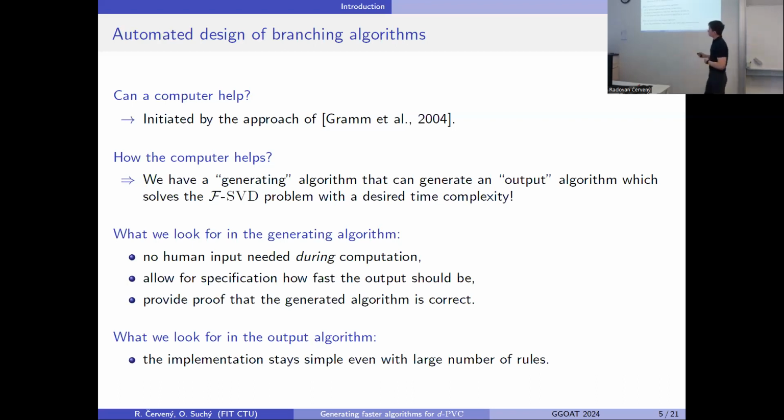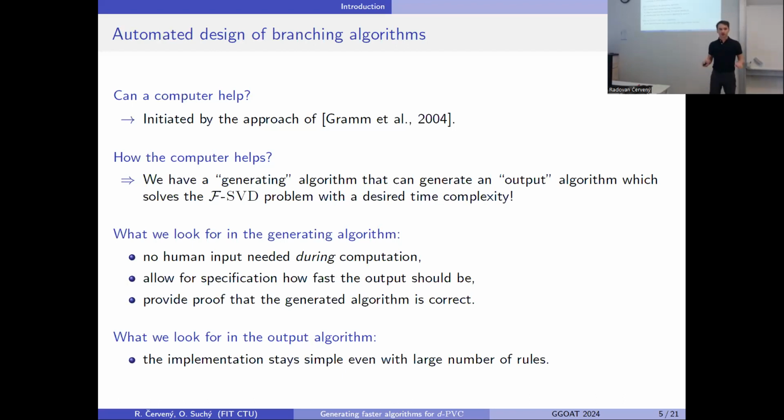So what do we typically look for in the generating algorithm, the one that generates the algorithm that solves the problem? Well, we need that no human input is needed during the computation. It will be apparent why this is needed, because you don't want to sit at the computer and tell it what to do.